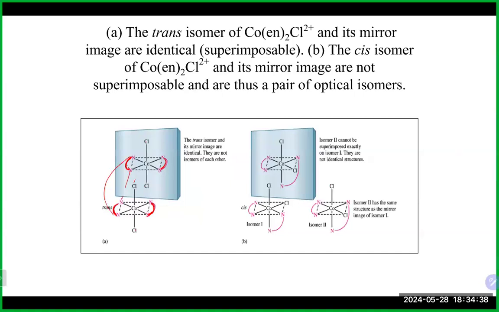Which means if you do pull out the mirror image, you would be able to get it to sit correctly on top of the original, because really no bonds have moved within the mirror image as it gets reflected. Usually, that situation is referred to as an achiral compound. An achiral compound is one where you can take the mirror image out, and even with sufficient rotation, you could get it to fit correctly on top of the original.